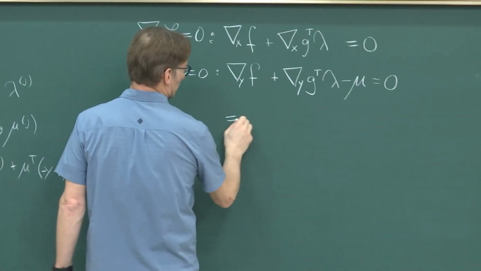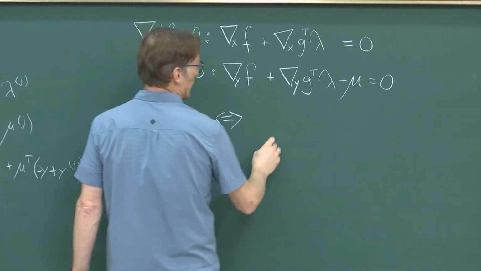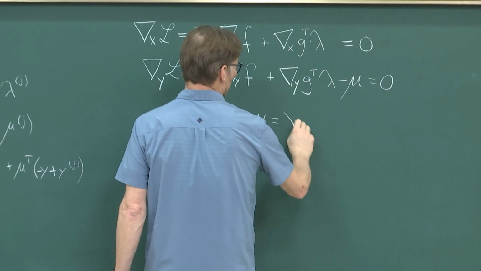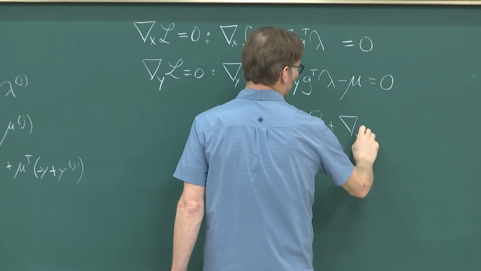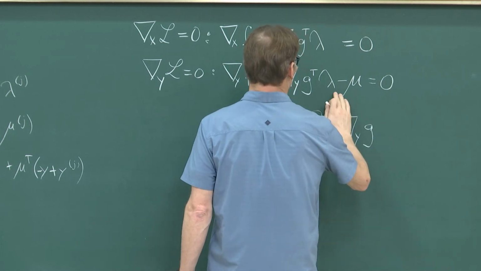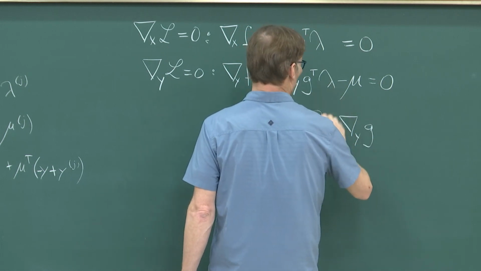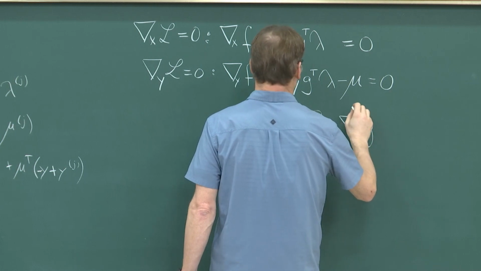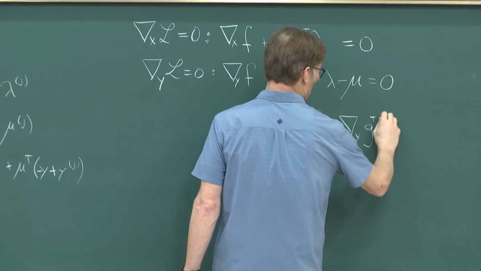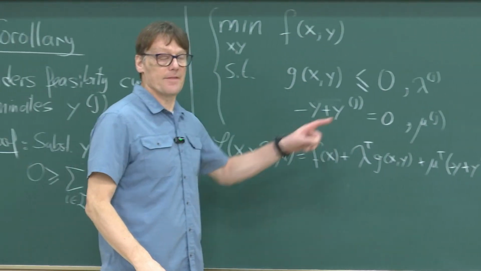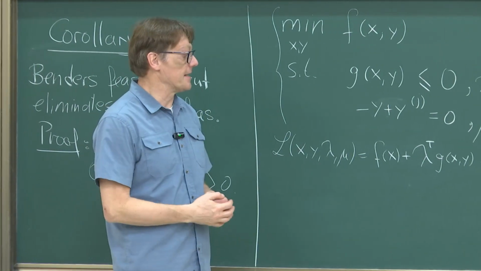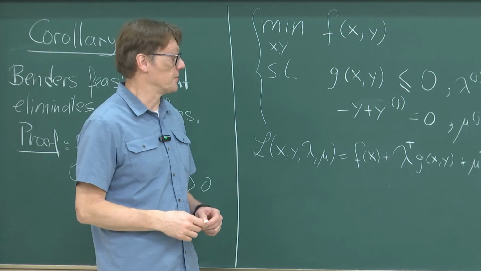And this last constraint, I can just rewrite it as mu is equal to grad y f plus gradient with respect to y of g times lambda. And those were the coefficients in the Bender's decomposition that I showed you.